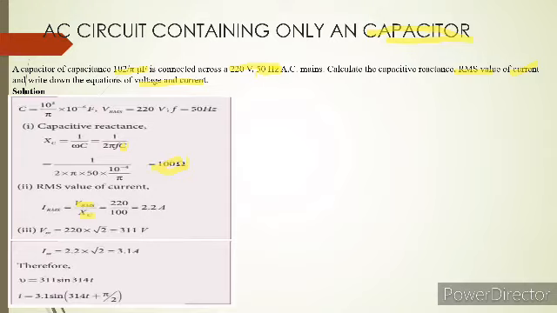Now next is the voltage, which they have told us to find out as Vm. So the voltage is 220 into root 2, which equals 311 volts. For finding out the maximum voltage, we will use the formula Vm equals Vrms into root 2.